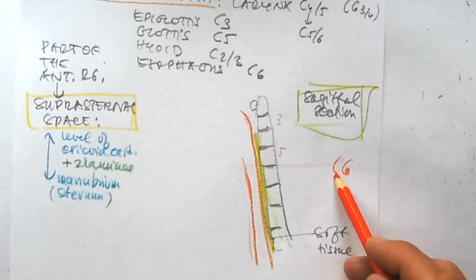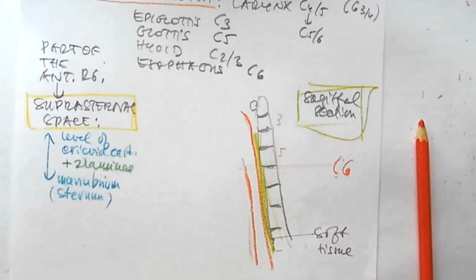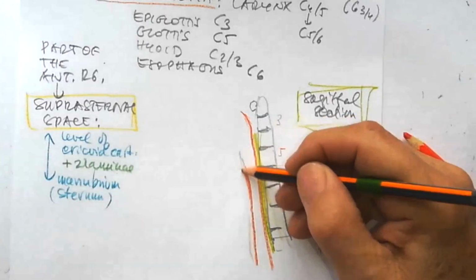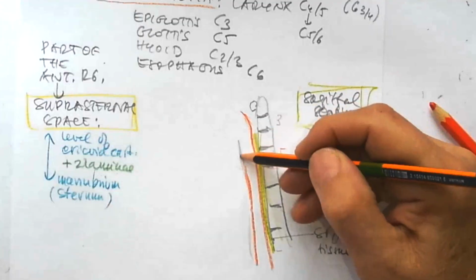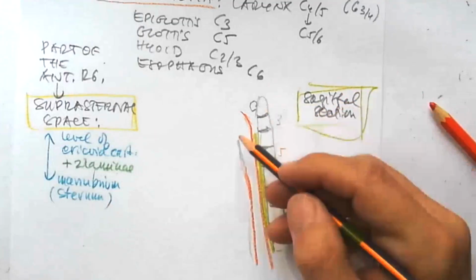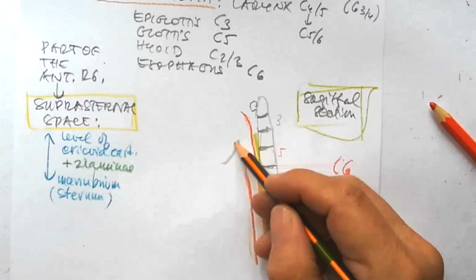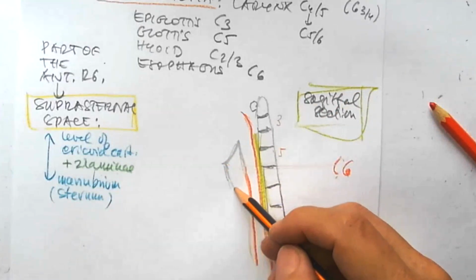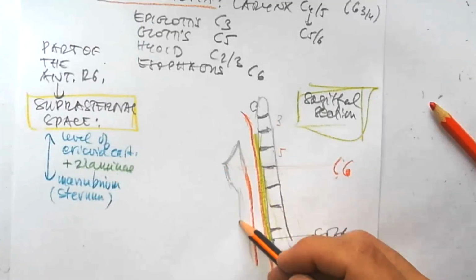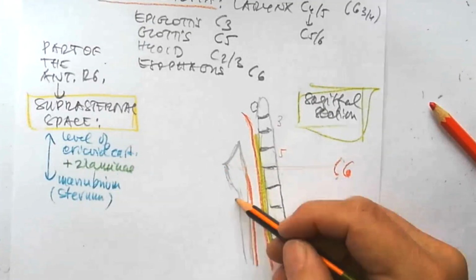C6, fine. Then drawing anteriorly, we know the epiglottis must be at the level of C3, okay, drawing C3 like that. The epiglottis closing, this is the larynx, as you see here, and the trachea.